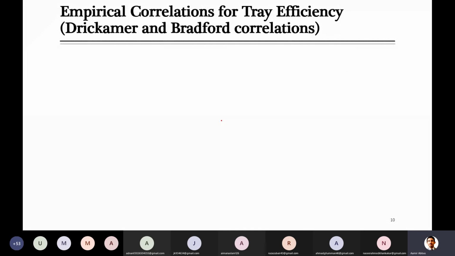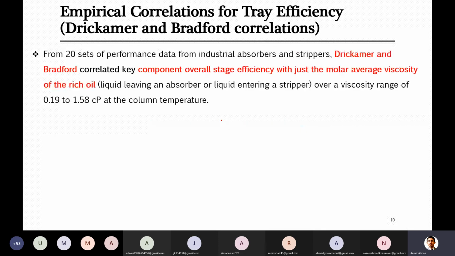So due to this reason, people started looking for some other method, and the second method which was discussed is the empirical correlation for tray efficiency. In this, the scientists Drickamer and Bradford developed a correlation. They took the performance data of 20 different industrial columns, absorbers and strippers.